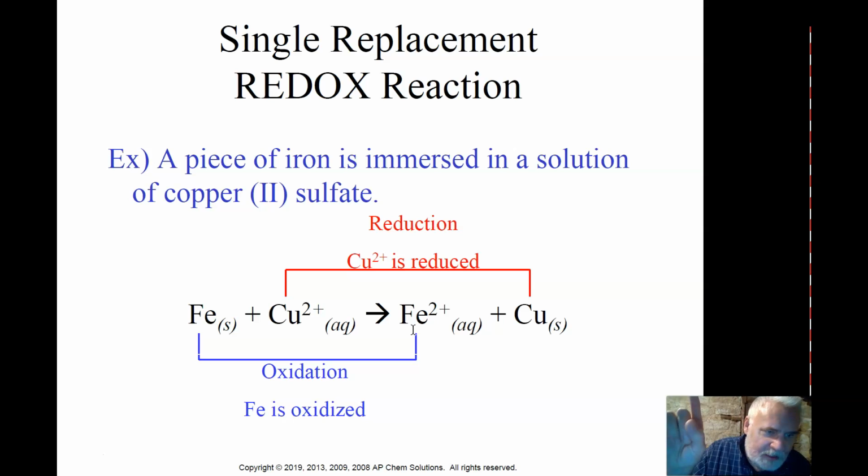So up the lion goes. As the number goes up, that's LEO. That's oxidation. Now, here the oxidation number went from +2 to 0. That is a reduction in the number, and it's reducing. So that's your GER. And that's how we're going to look at these reactions.